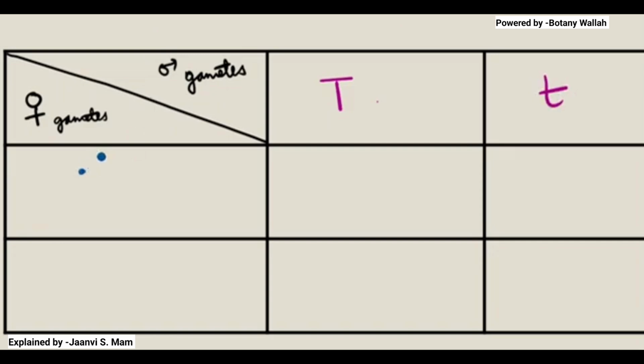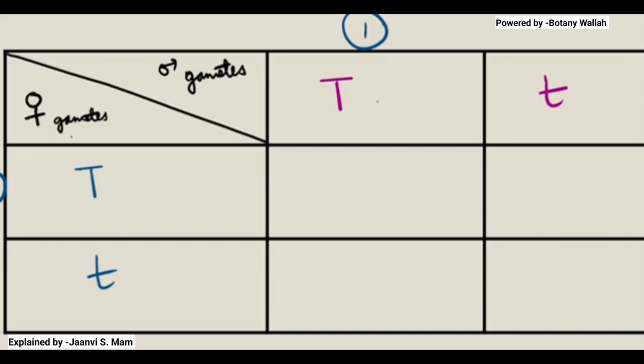And if you take this, here also you have capital T and small t for female. In the previous slide, I will show it again. So what you have to do? You have to take the male gamete of the first column and the female gamete of this column.